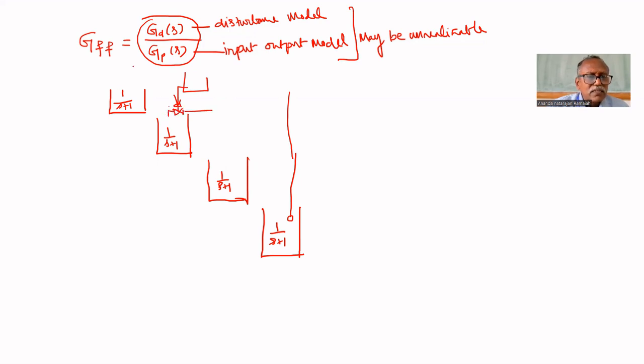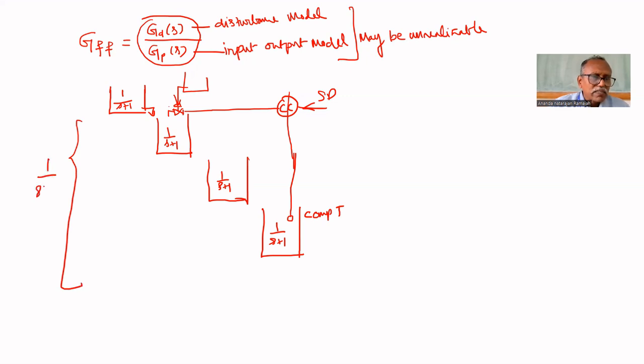The first tank is not involved in that. So this is the composition control. Set point is given. Composition transmitter is used. In that case, the input output model is 1 upon S plus 1 whole cube.